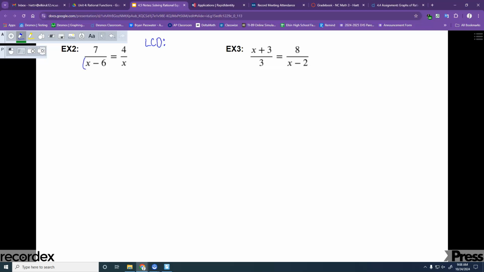And if you want, you can put some parentheses around that right there. Any ideas? Okay, your least common denominator just needs to be both of those denominators multiplied together, right? So your least common denominator is going to be x times x minus 6.